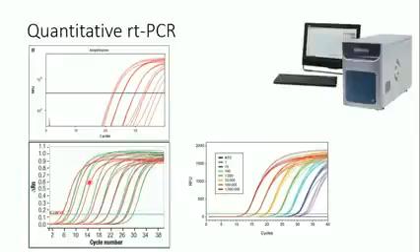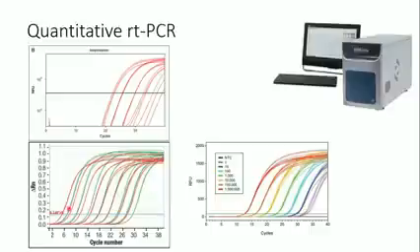So when we have a higher amount of DNA at the beginning, the amplification curve will go faster. And when we have a very little amount of DNA from the beginning, the amplification curve will start to increase with a delay.